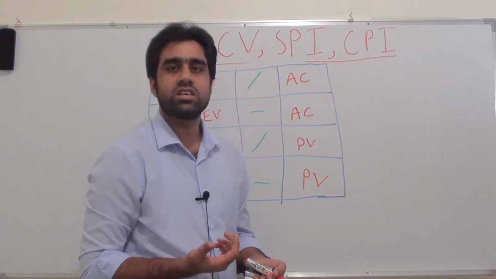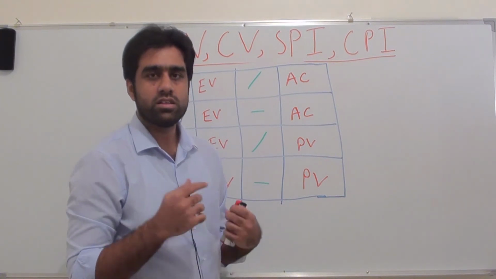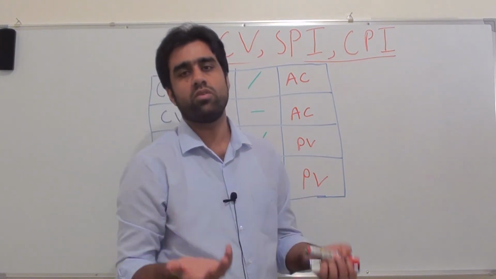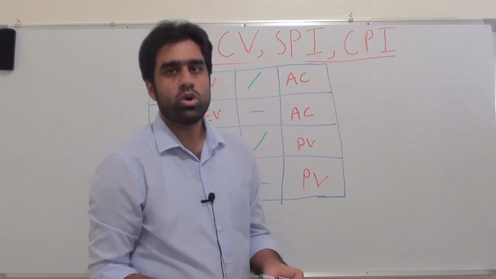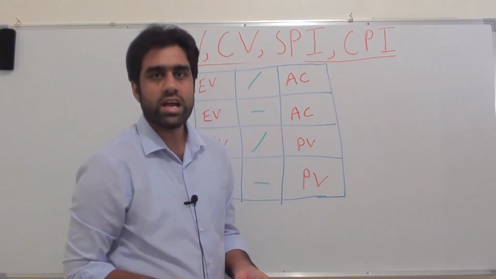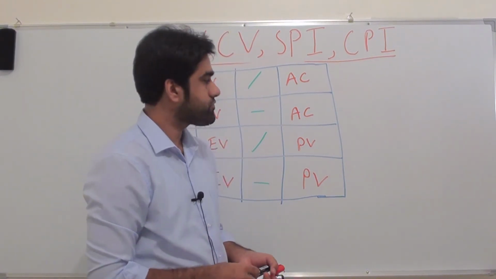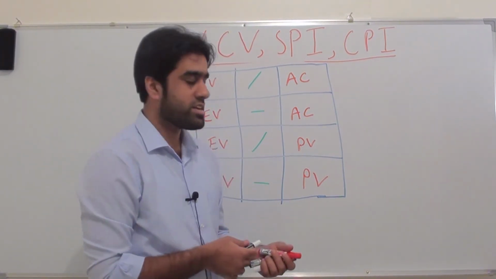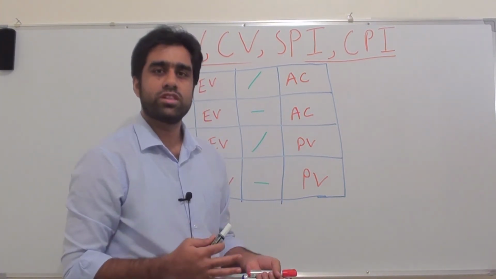Indexes give you an indication that we are ahead or behind, as a ratio compared with 1. If you are greater than 1, you are doing good. If you are equal to 1, you are on track. And if you are less than 1, you are not doing good, you are behind. I hope you are absolutely clear about these concepts. I'll see you in the next lecture.